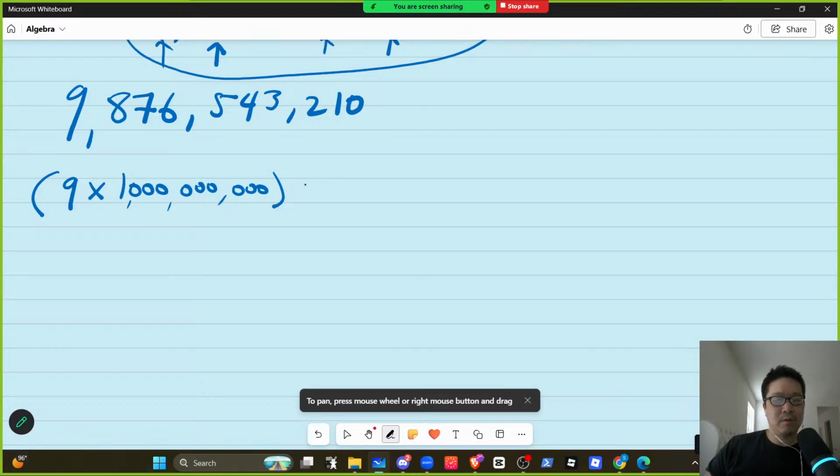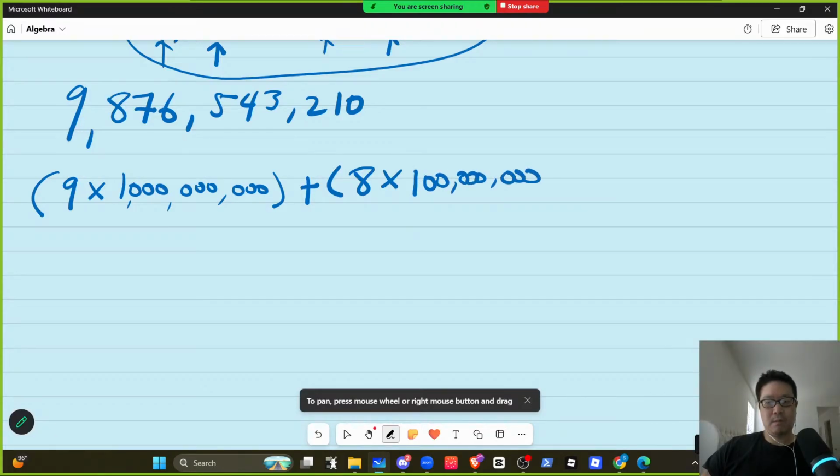And then what do I do here? Do I add or subtract? Add. I'm going to add the next digit, which is 8, and multiply that by what? 100 million.